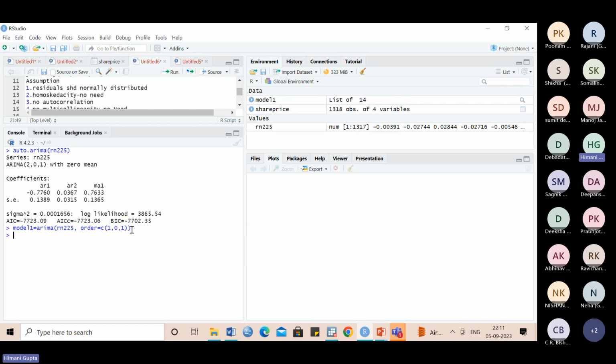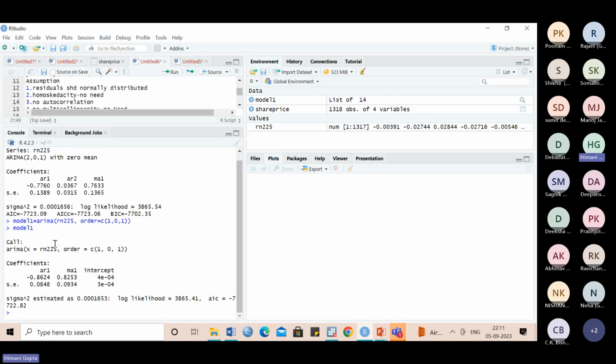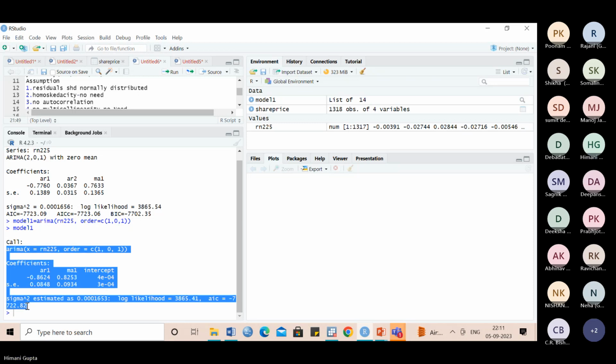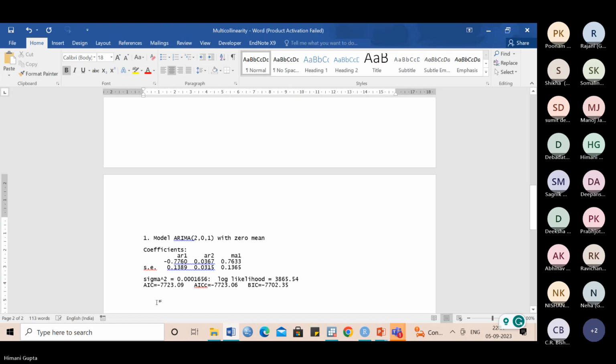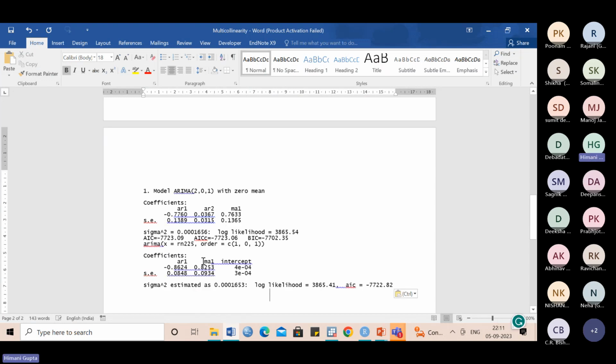So let's see over here. My model is created. Model 1 is created. Now, let me write model 1. Now see, if my model is 101, this is my AIC, BIC. Now let's copy it and paste it on our data set. This is my model.